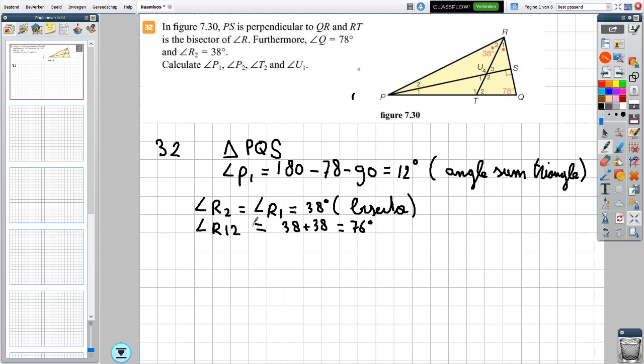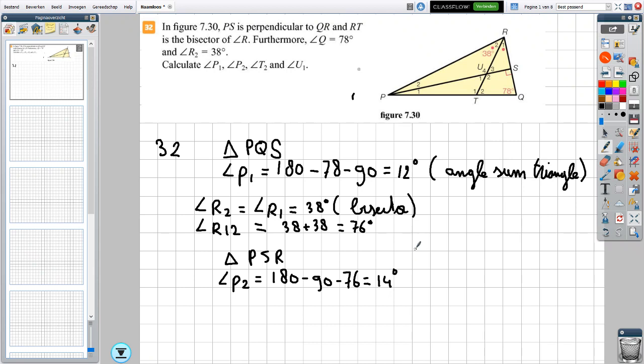Why do I like this? Well, if I'm now going to take a look at triangle PSR, I can use the angle sum method again. Angle P2 equals 180 minus, remember here I have a 90 degrees angle as well, right? Because of the straight angle. This is 90 degrees, then this must be as well. So minus 90 minus angle R12, which I calculated here, is 76. So angle P2 is actually only 14 degrees.